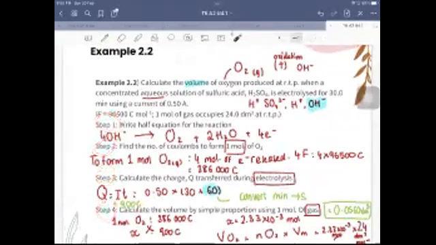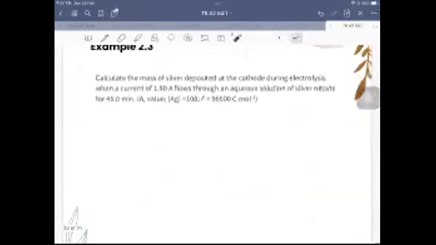You would be asked, and the question would be as follows. Okay, there's no hint, there's no step. So try to practice with the next 3 questions using the steps that I have prepared for you based on example 2.1 and 2.2. You should be able to work out the answers.